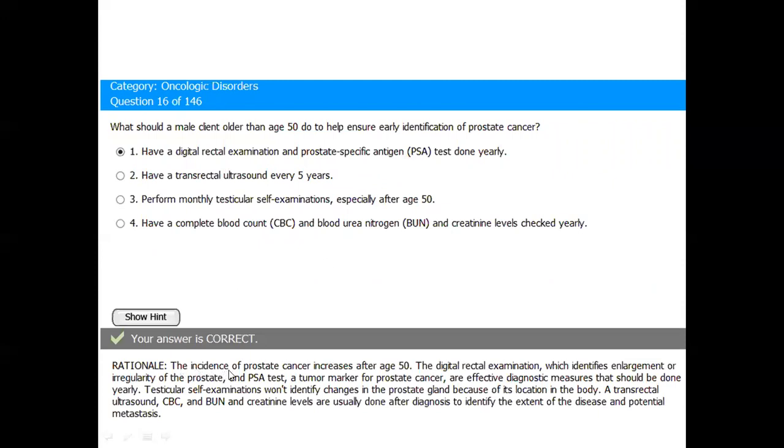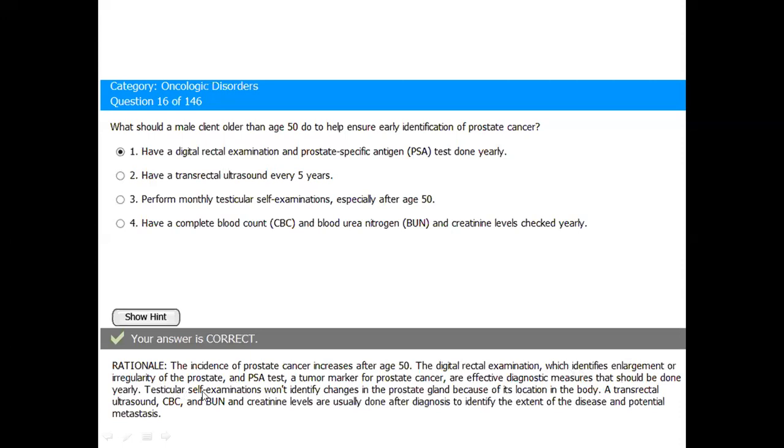The incidence of prostate cancer increases after the age of 50. The digital rectal examination identifies enlargement or irregularities of the prostate. The PSA is a tumor marker for prostate cancer. After effective diagnostic measurement, they should be done yearly.